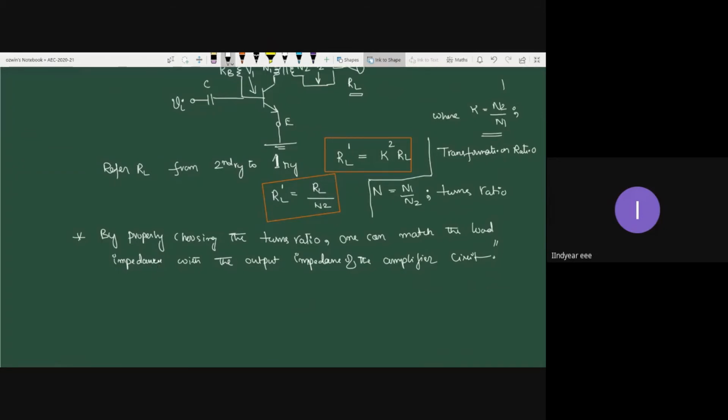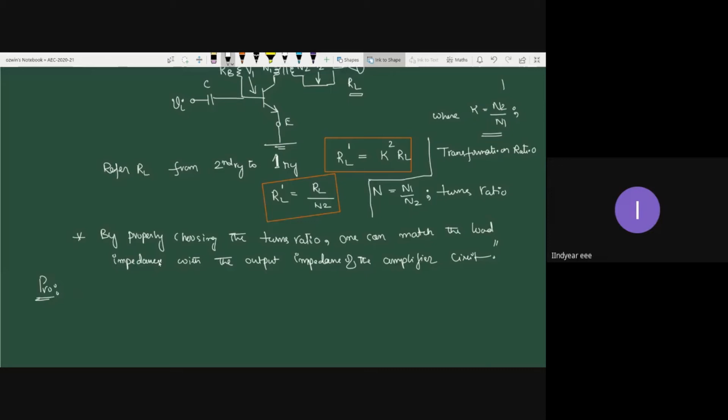Before actually getting into the analysis, let me solve a simple problem on how exactly this transformer helps us in achieving impedance matching.